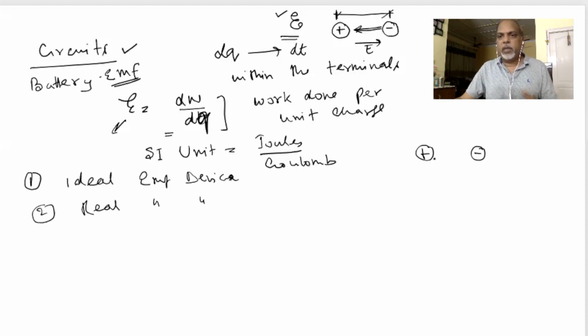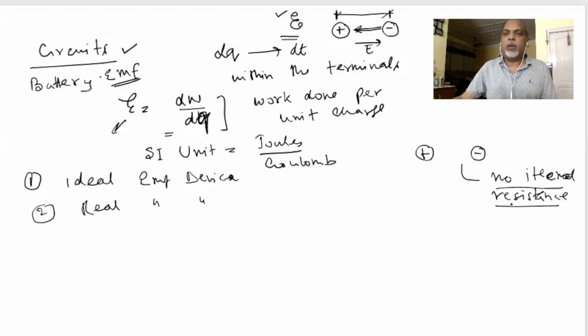Actually the chemicals will be there, but there should not be any resistance. If there is no internal resistance, then it is called an ideal one. Otherwise, some of the energy of the battery will be dissipated within the battery or EMF device itself.